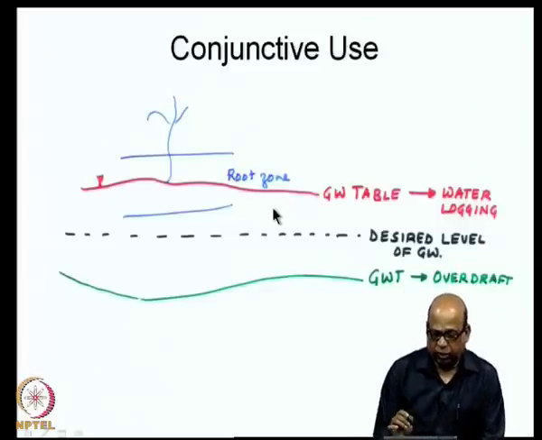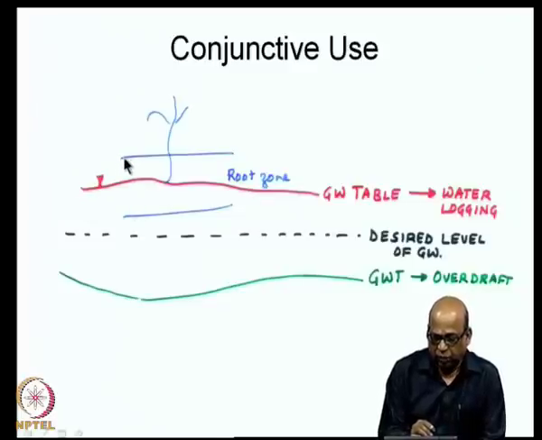Now, this picture represents what I just mentioned. Let us say this is the agriculture area in which you are growing certain types of crops, let us say wheat or paddy or some other crops like maize and things like that. Now, these crops will have a root zone like this, the effective root zone.